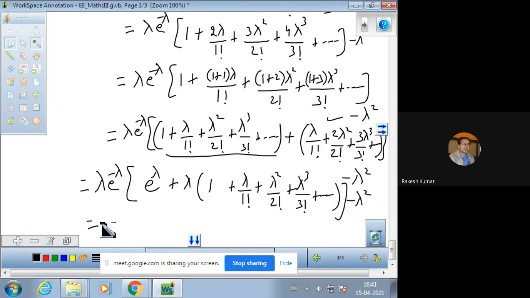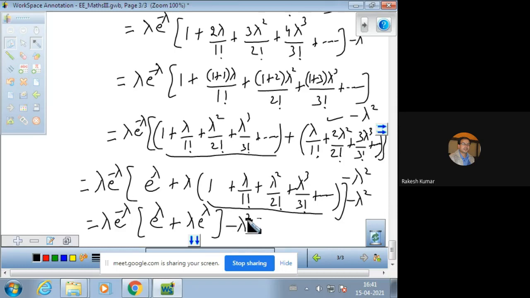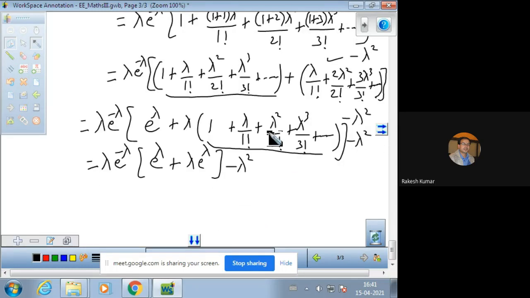Minus lambda square. So lambda e raised to power minus lambda. This is e raised to power lambda, and this is again the expansion, and this will be lambda e raised to power lambda minus lambda square. So the expansion of e raised to power lambda has been used twice.